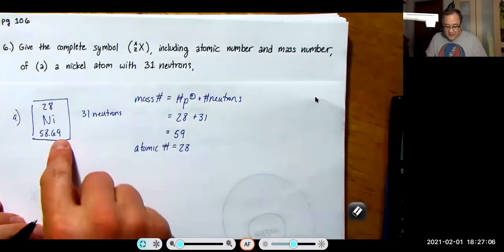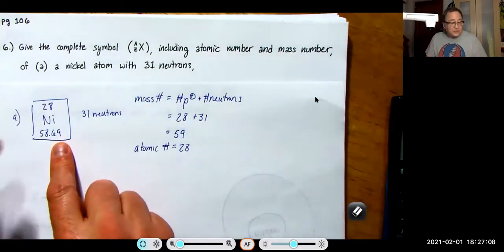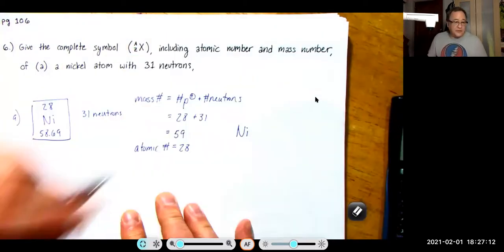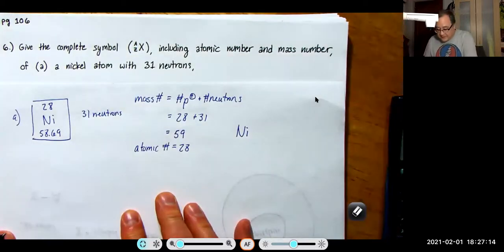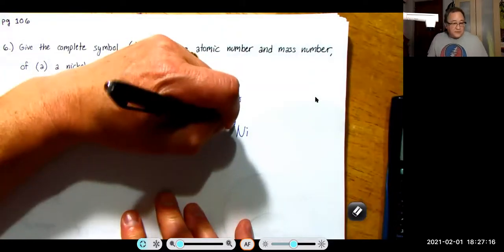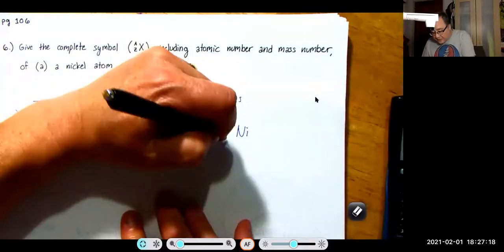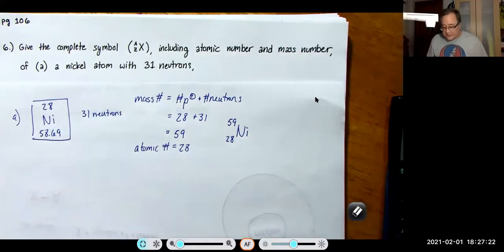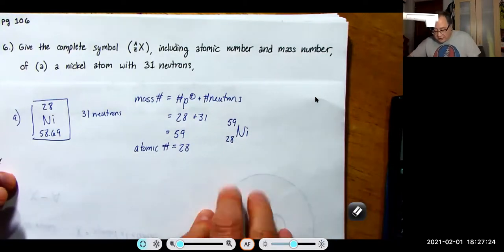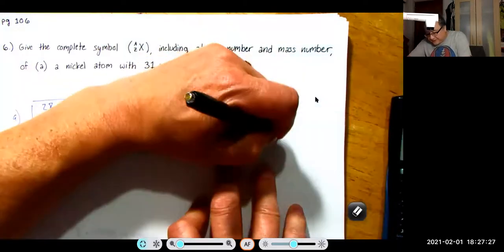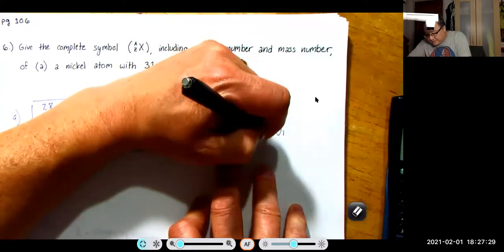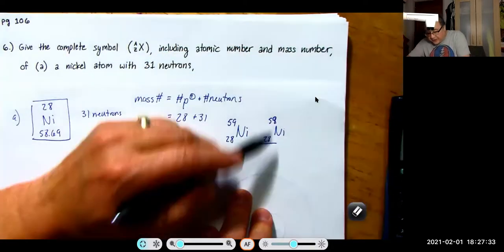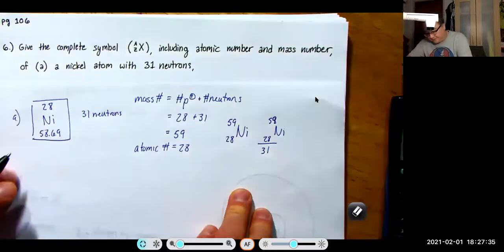So if we want to write this particular symbol using the standard form, there's the symbol for nickel. That's the mass number, and this is the atomic number. What's nice about this is that you put the bigger number at top and the smaller one at the bottom, because you can actually do a little subtraction, and you get the number of neutrons.